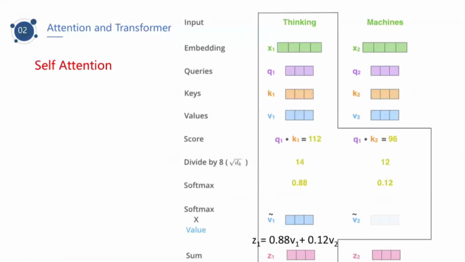Then again, I also said that we will be doing the normalization, based on the dimension. Suppose the dimension of the vector is, let us assume, 64. So root dk, where dk is 64, it's just an assumption.